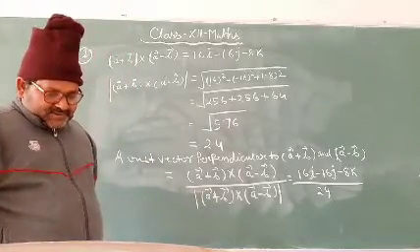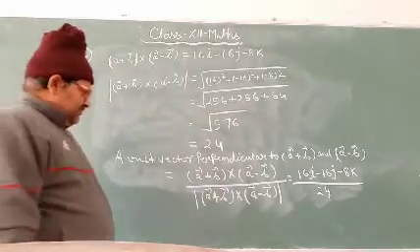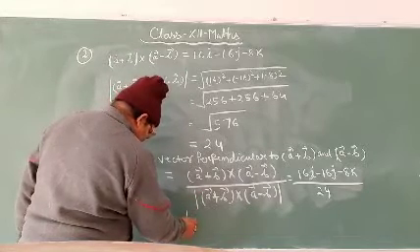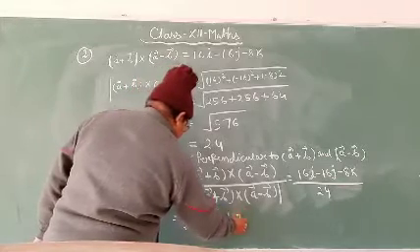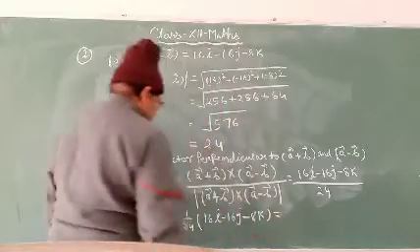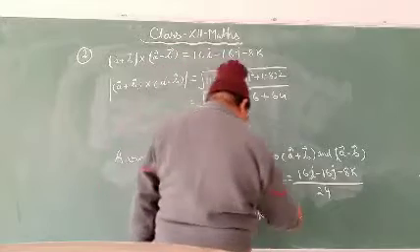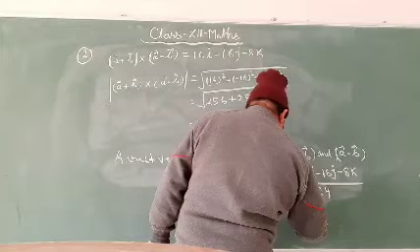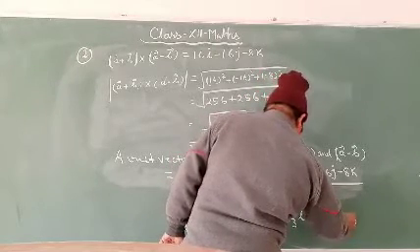Clear? Now 1 upon 24 times (16i minus 16j minus 8k) is equal to 2 by 3 i minus 2 by 3 j minus 1 by 3 k.